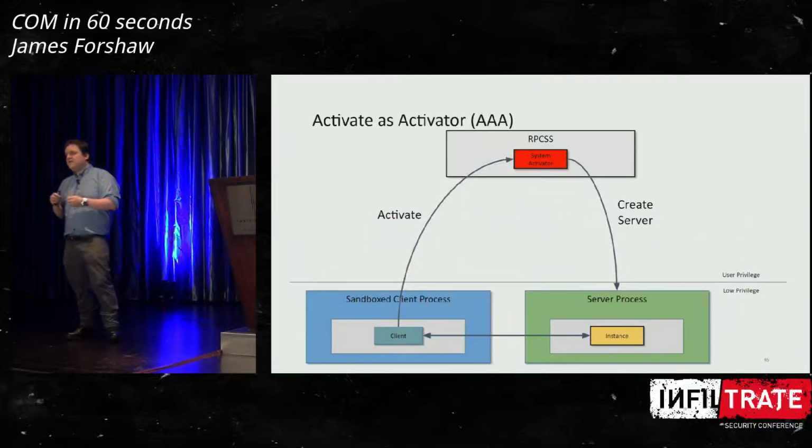Now, the final interesting thing from a sandbox attack perspective is something called the interactive user run-as. By default, if nothing else is specified, COM servers run in the mode called activator's activator. What this basically means is, if I'm a sandboxed application and I want to create an instance of a server, it will create it running under my identity.